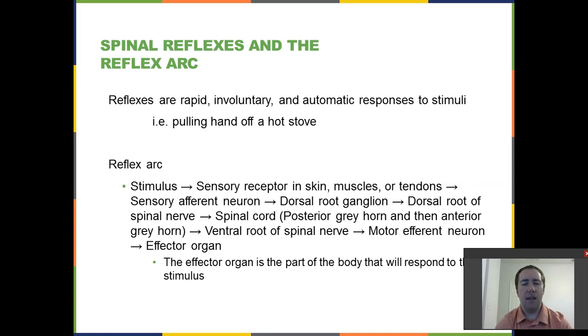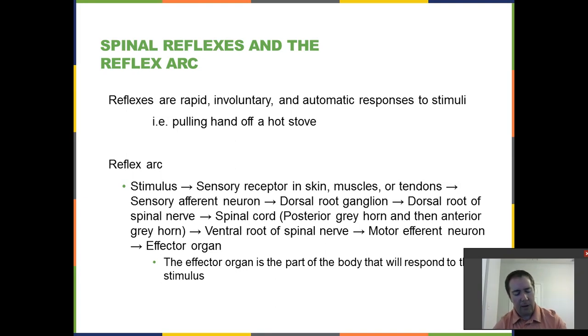If we need to pull it back, the spinal cord is going to say, well, I'm a dummy, but I'm smart enough to realize my hand is burning up. We need to pull back. So it is going to send a signal out through the ventral root of the spinal nerve, through a motor neuron to an effector organ.